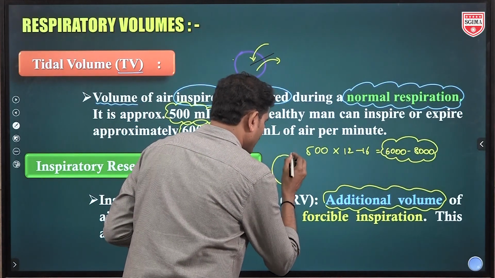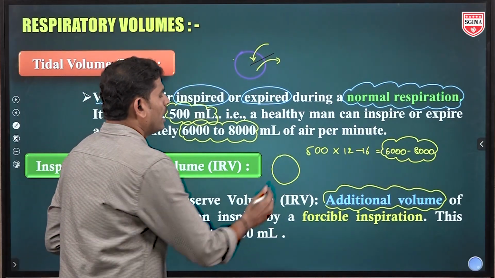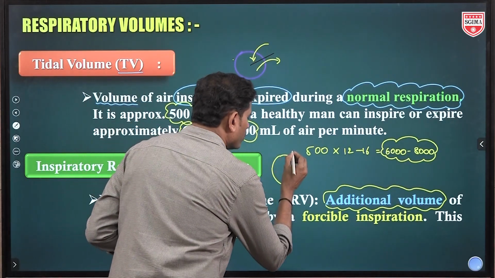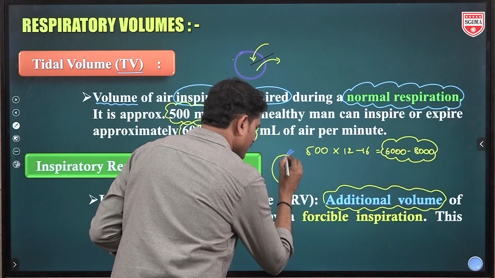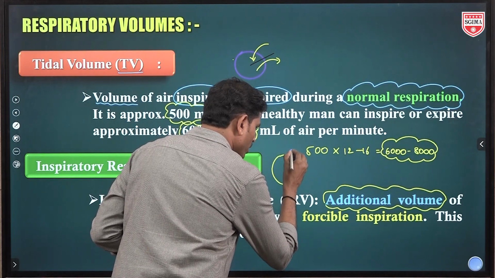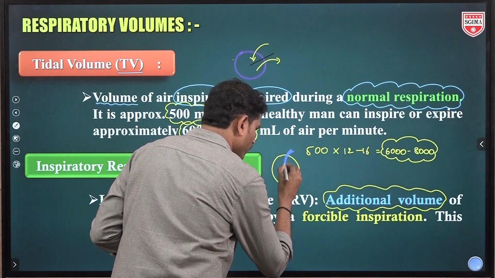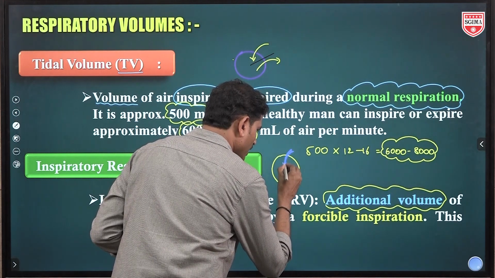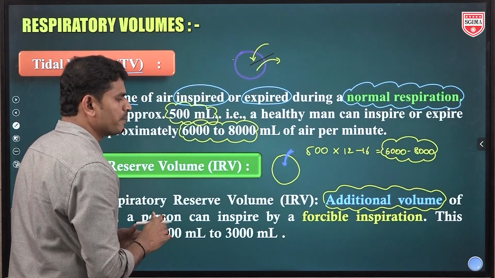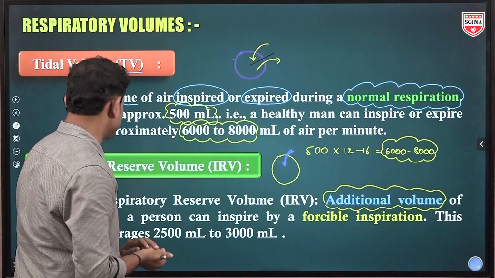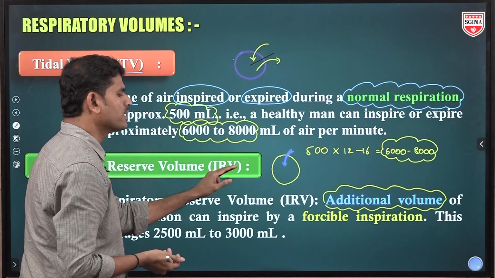Now, the organism forcefully inspires. Then the volume of air that enters into the organism by the forceful inspiration is known as inspiratory reserve volume.